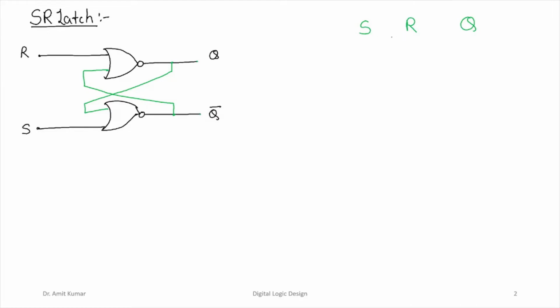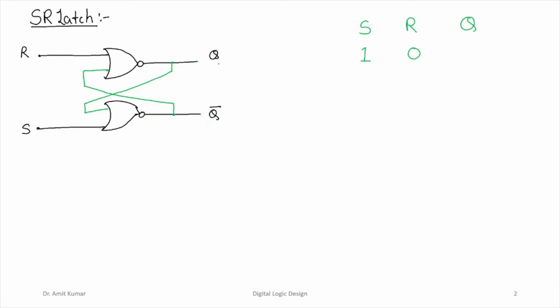Assume that S has a value 1 and R has a value 0, right? In that case, we look at what is going to be the value of this output Q. Initially, how we are going to proceed with this discussion is, we'll assume that previously there is some value present at the output terminal.